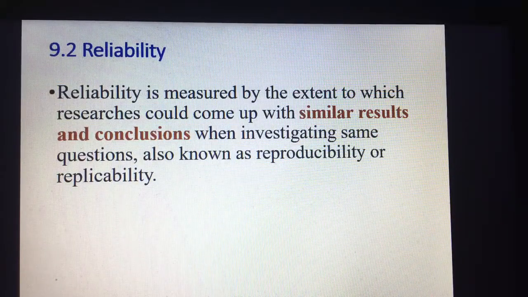the extent to which researchers could come up with similar results and conclusions when investigating the same questions, also known as reproducibility or replicability.